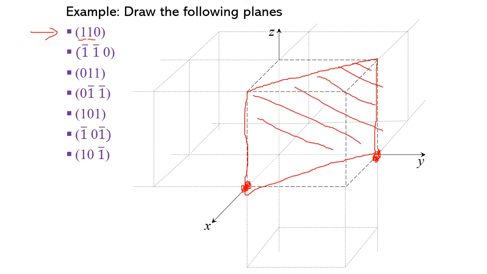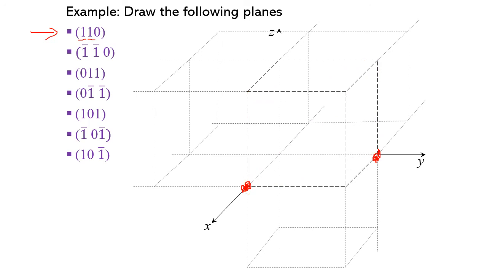Okay. Then 1 bar 1 bar 0. So let me erase. Find out the intercepts first. Negative x, 1 unit cell edge length.